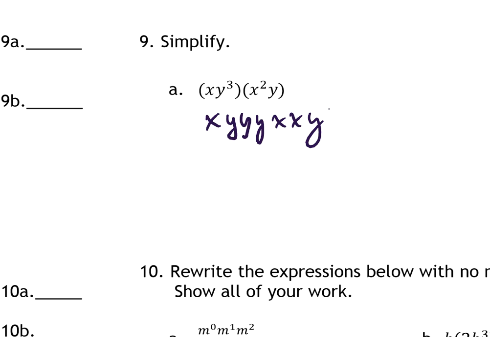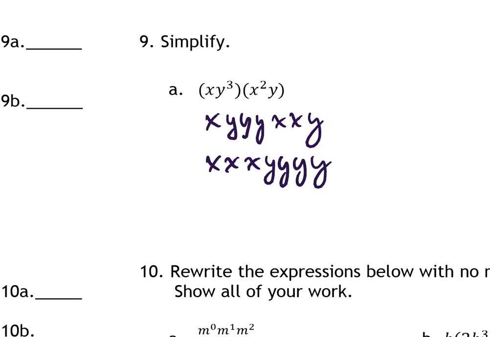So when I look at this, I understand intuitively that multiplication is clearly commutative. 3 times 4 is 12, 4 times 3 is 12. I can flip the order that I'm multiplying things, and it doesn't change the value at all. So there's no reason why I couldn't rewrite this as 3 factors of x followed by 1, 2, 3, 4 factors of y.